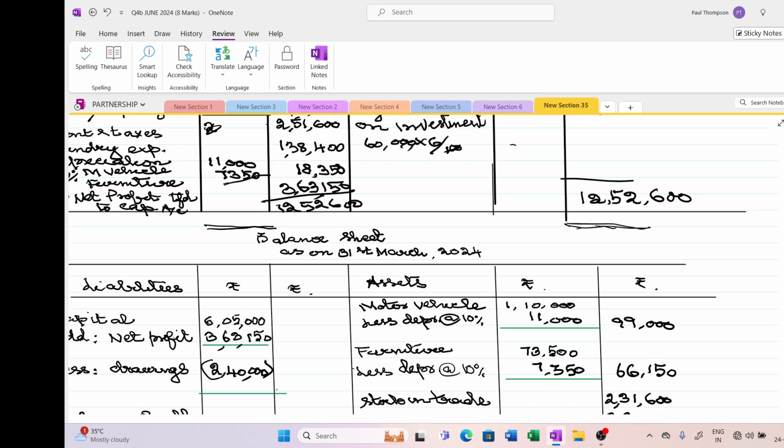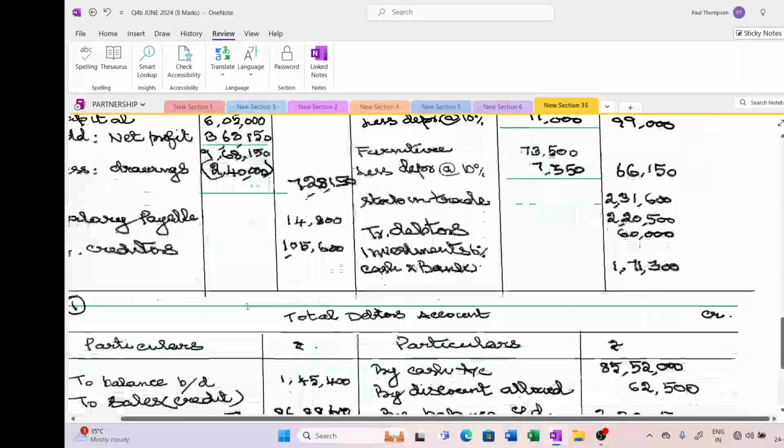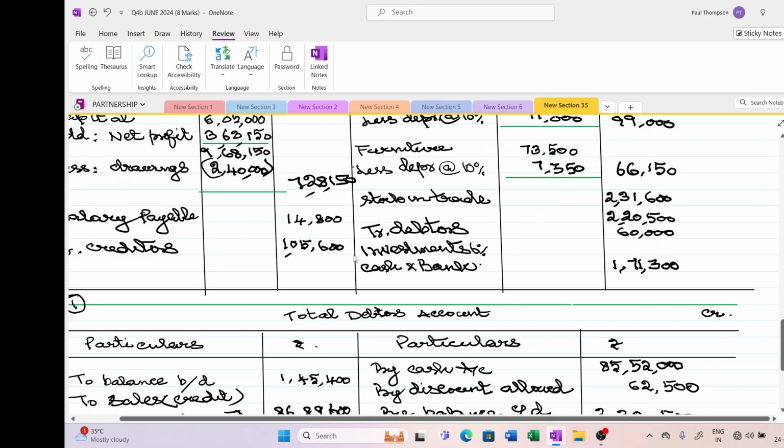So now what is the total comes? 968,150. So we have to subtract the drawing. The amount comes to 728,150. Now what is your salary outstanding? I have put 105,600 creditors. I put the total comes to 848,550.